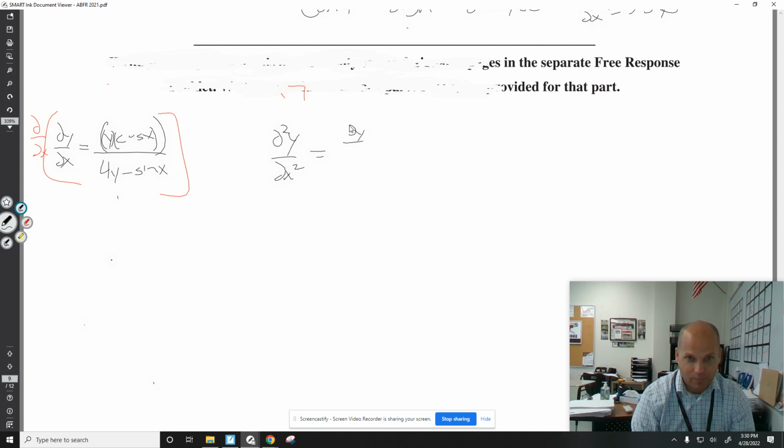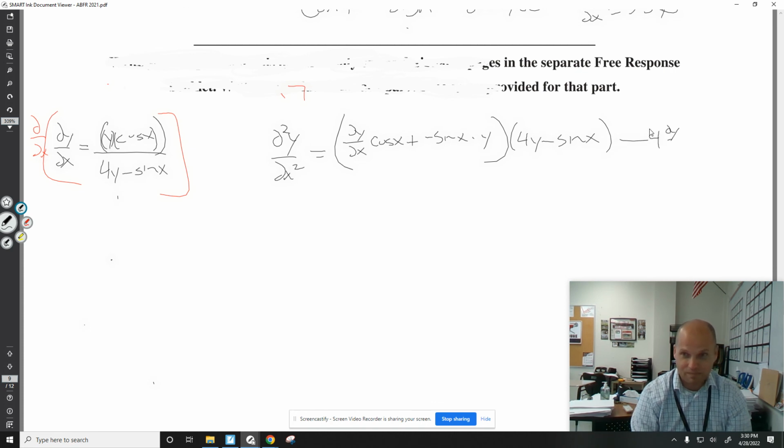Derivative of the top is the derivative of y cos x, which is the derivative of the first times the second, plus the derivative of the second times the first. That's the derivative of the top. Use a big set of parentheses of that, times the bottom. Minus the derivative of the bottom.